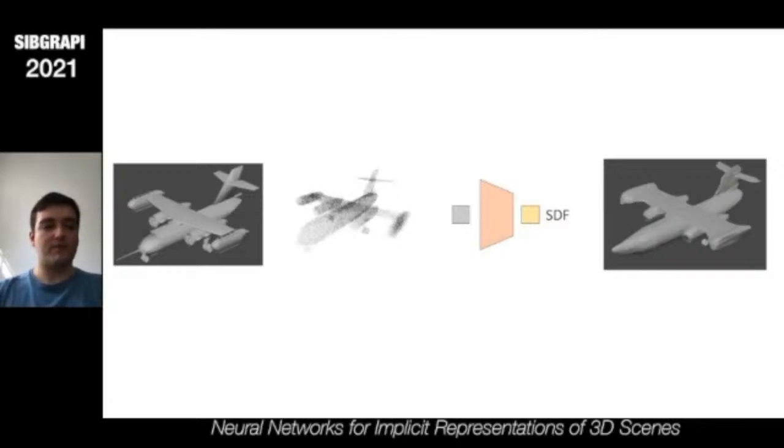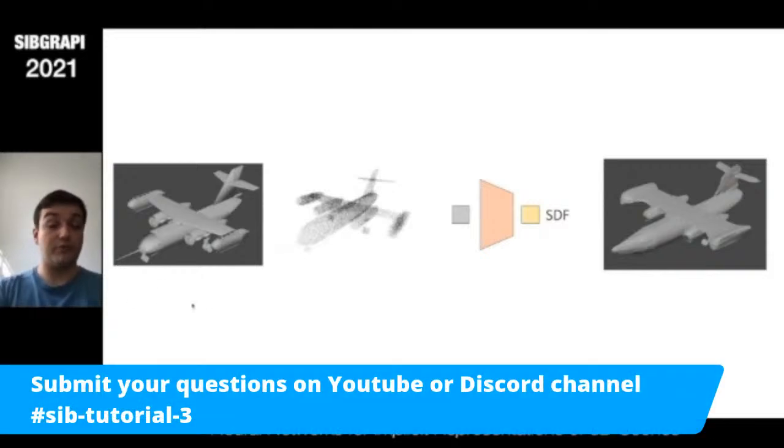Here's a more graphical example where on the left we have a plane from the ShapeNet version 2 dataset. Then we sample this plane densely, both outside and inside the surface. Here I'm only showing the samples inside the surface for better understanding.